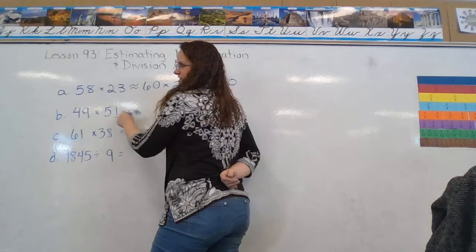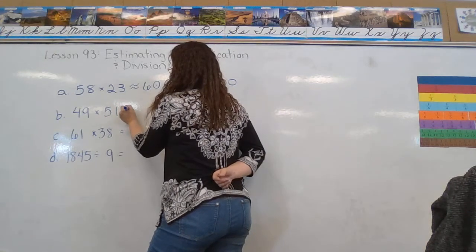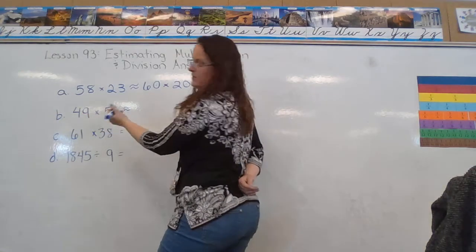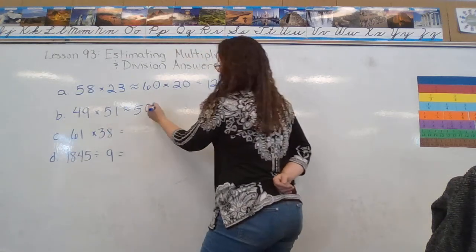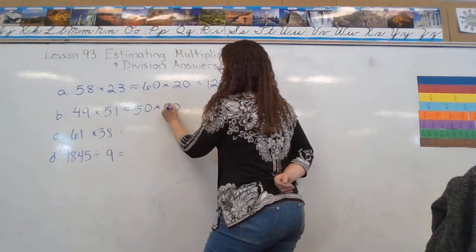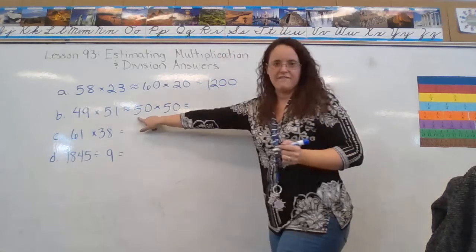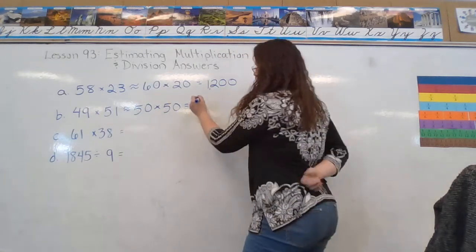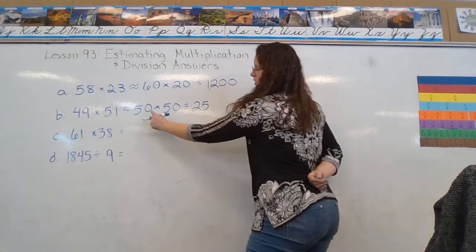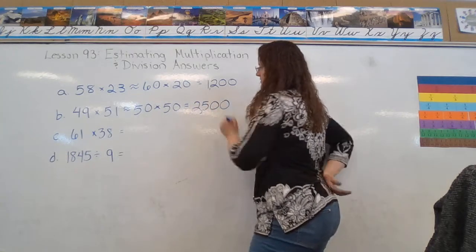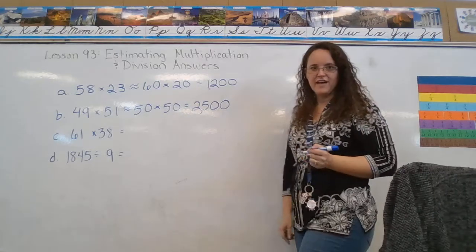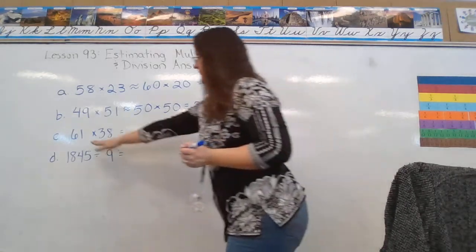Here, I'll change it again so that we have approximately equal. 49 will round to 50. 51 will also round to 50. Here we have 5 times 5 is 25. 2 zeros, 2 zeros. 2,500 is my answer.